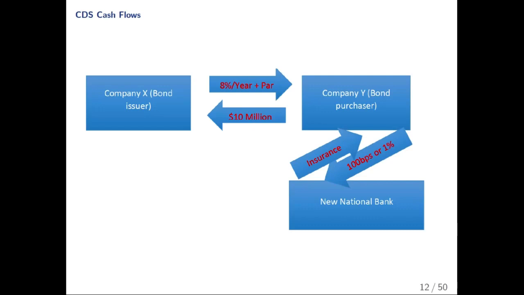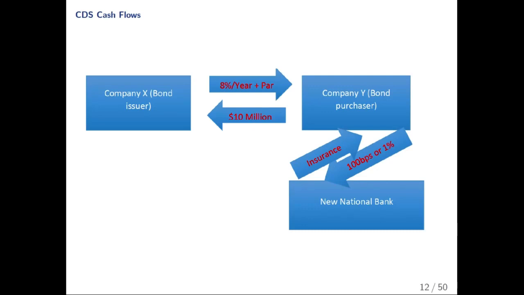What will happen in a CDS contract? A CDS contract is a regular exchange of a premium, let's call it a fair premium, in exchange for an insurance conditional on default. What would happen in default in this example? Imagine the face value of the bond was 100 and the bond defaulted.